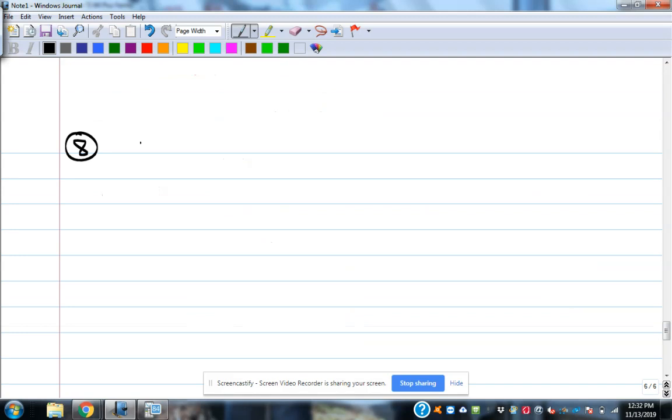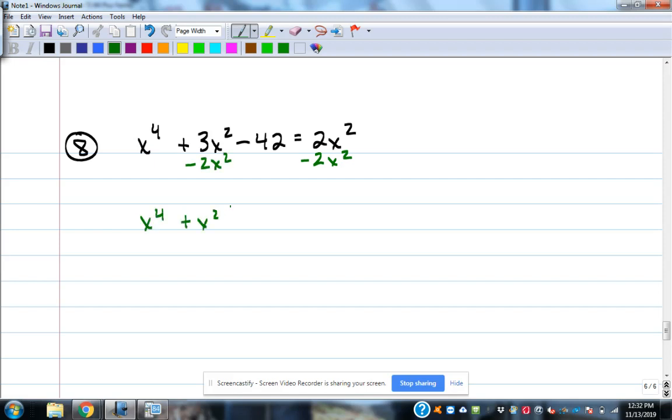All right, let's look at this one. x to the 4th plus 3x squared minus 42 is equal to 2x squared. What do I do with that one? Okay, got to get it equal to 0, so we're going to subtract 2x squared: x to the 4th plus x squared minus 42 equals 0.